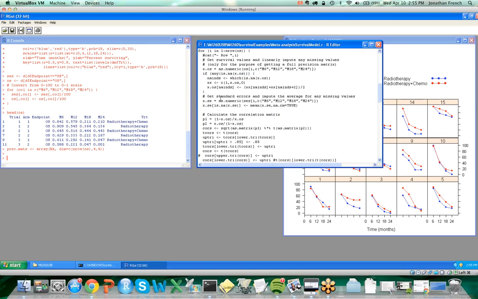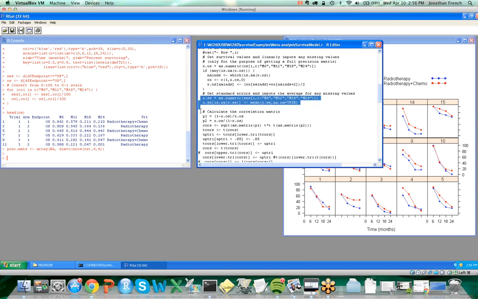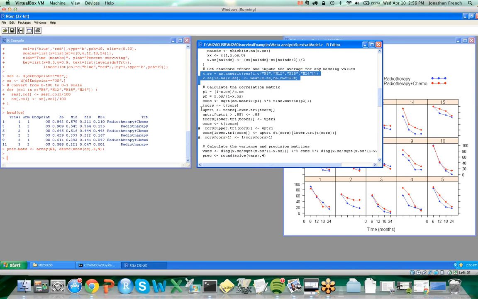But all of these matrices themselves need to be 4 by 4, so we need to do a little bit of imputation there. Then we extract the standard errors in a similar way, and do some imputation if the standard errors are missing, again to get an approximation for the time points that have missing or non-observed survival times.